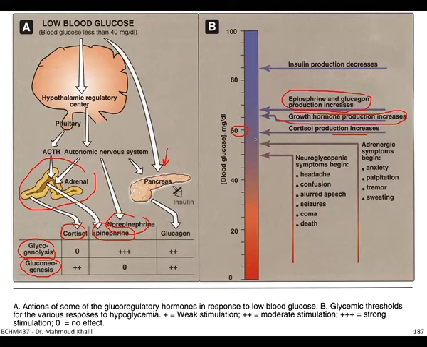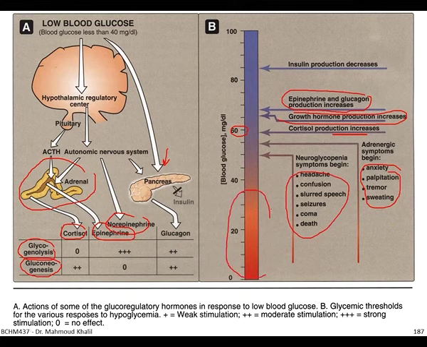Once it reaches around 55, the adrenergic symptoms begin and bring anxiety, sweating, and palpitation. If it goes critically low, around 50, a lot of symptoms start to appear, even coma and death. So you can see it's a critical value that starts below 50 or 40, because the scale shows a red zone.